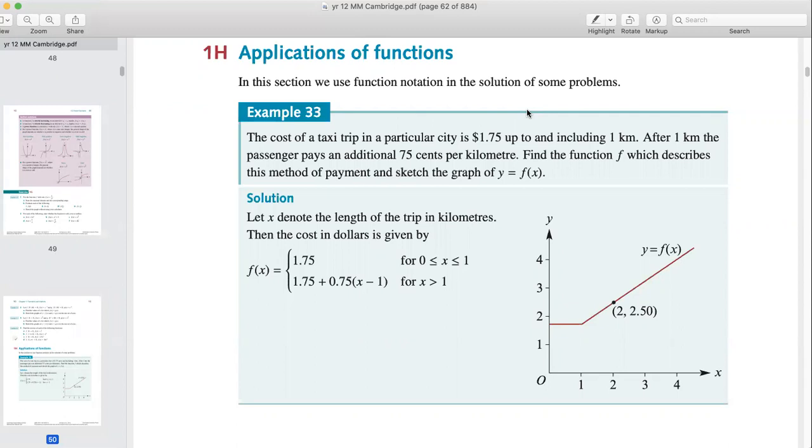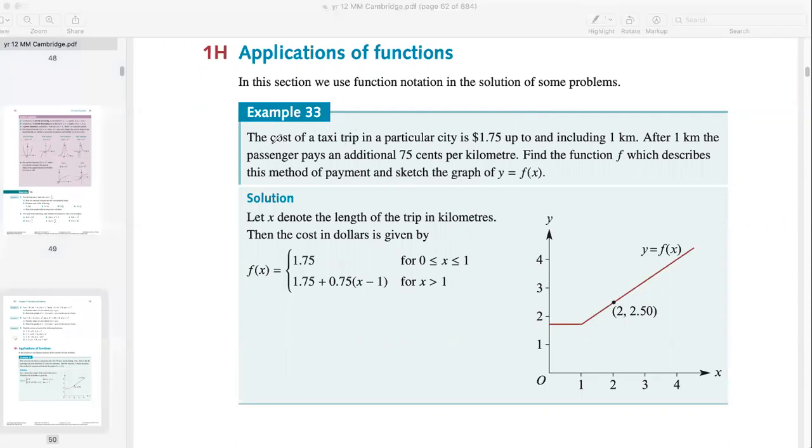Okay, first one is the cost of taxi trips. They gave us two equations to describe the situation. Hopefully you have time to read it; you can pause the video here and read through, then keep watching. Okay, so after you read the question, this is called a hybrid function, or we call them piecewise defined functions, right?